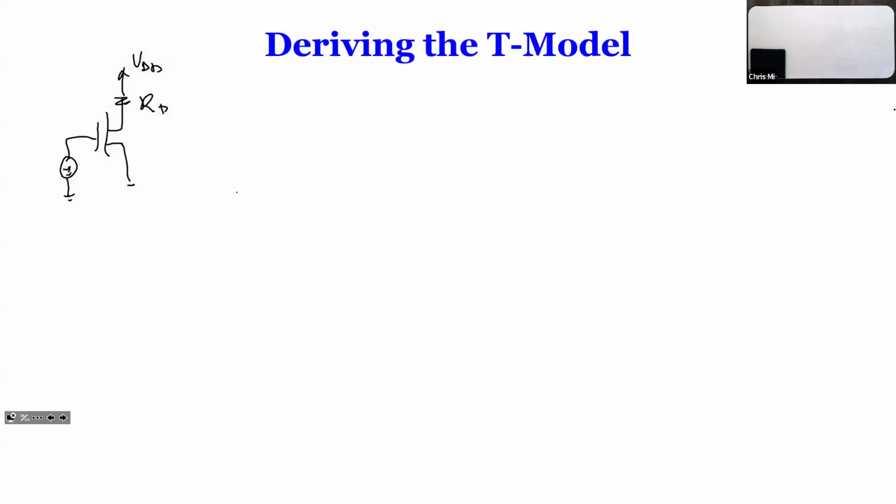And if you guys remember, the pi model that we derived was simply, and we can include that r_o, the early resistance, right now, or we can include it later. It really doesn't matter. But let's do that later. So this is our MOSFET model in the T model.